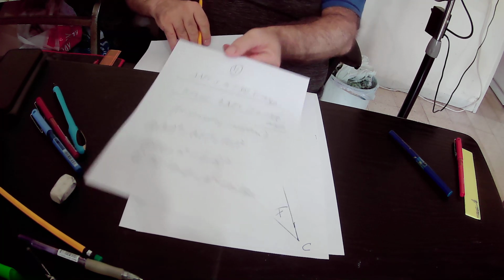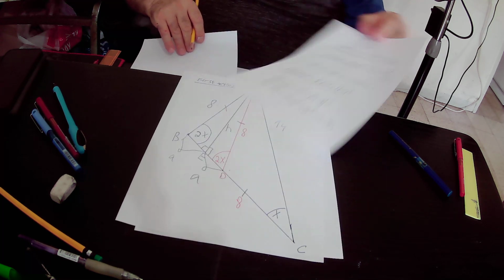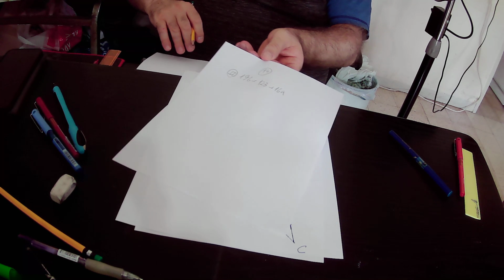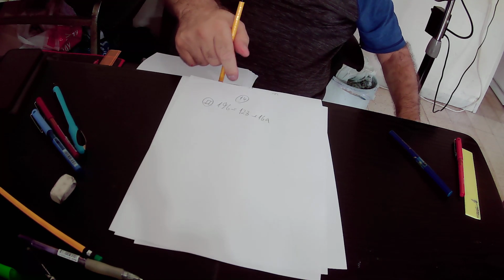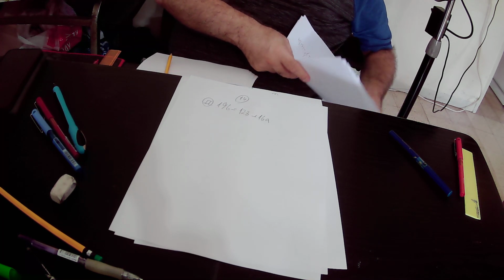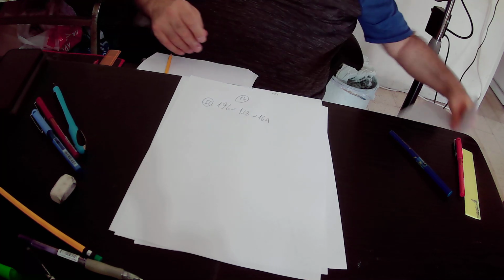So in total, equation number 2 states that 196 equals 128 plus 16a.